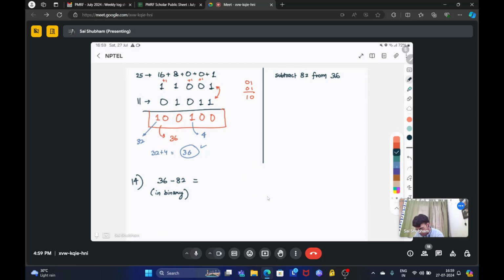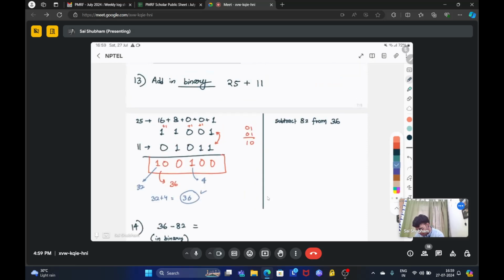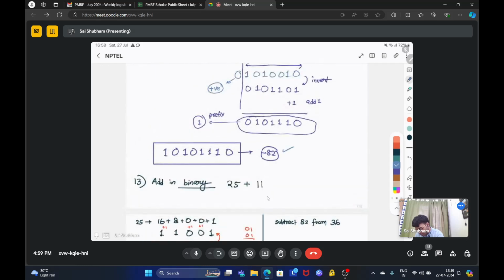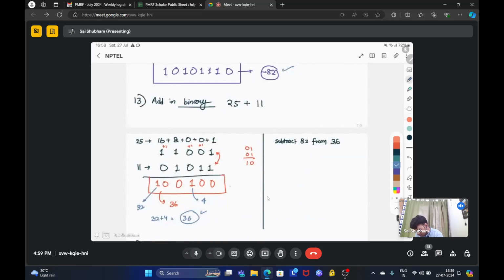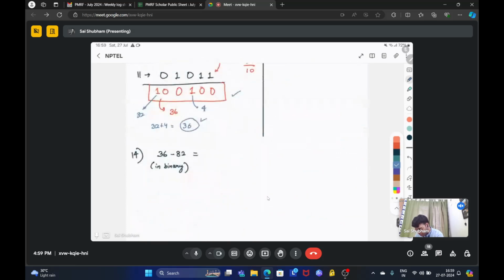So the hint is that you already know what minus 82 is, and you already know what 36 is. Fine. So you have to simply add these two numbers. So this is the last question. After that, I will be ending the session. So let me know what is the answer in binary.